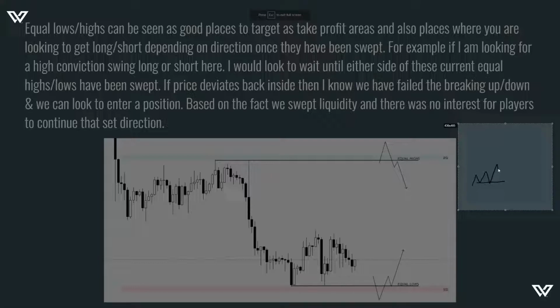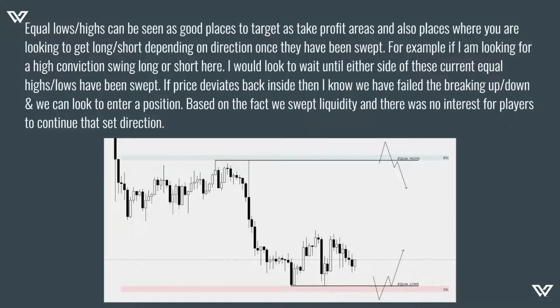You have equal lows, price is coming up, and then you have the market structure break, and we're looking to get short. These equal lows are a nice target down here. This is where you want to take profit, because you know you're going to have sell side liquidity down here. So we're going to want to target the equal lows. Once these are swept, we take profit, and then price will probably bounce the other direction.